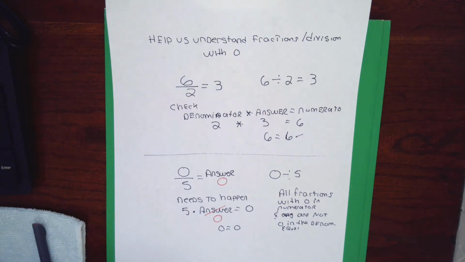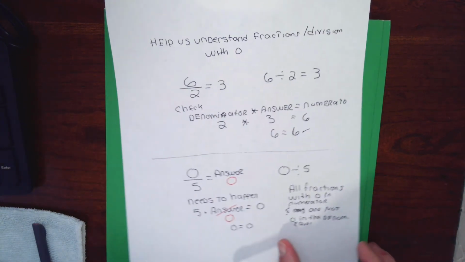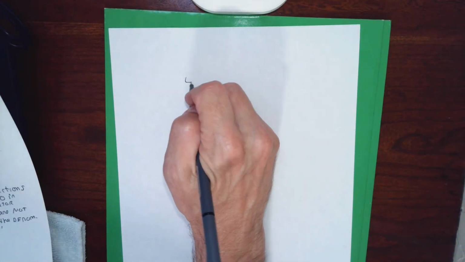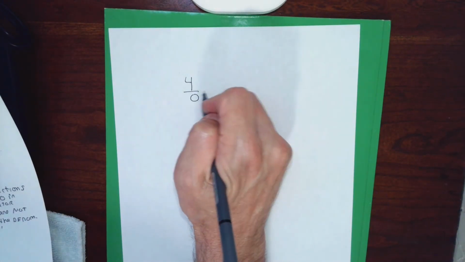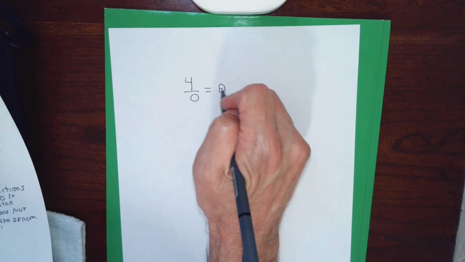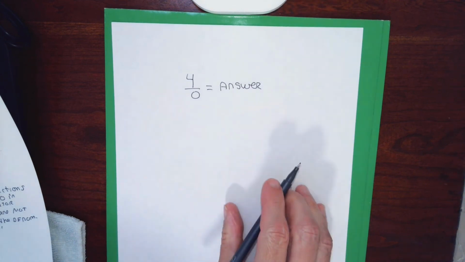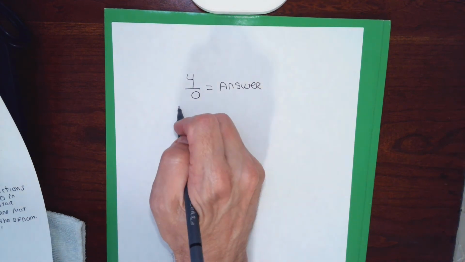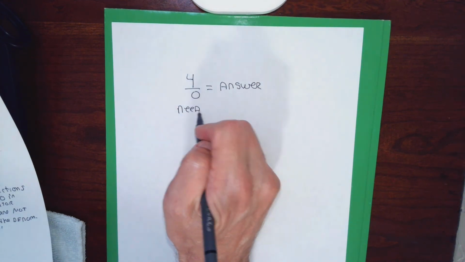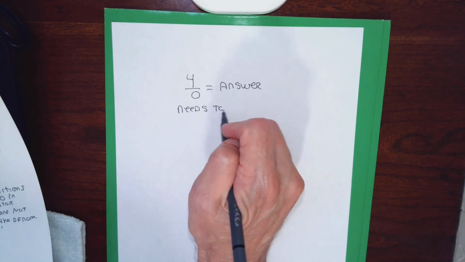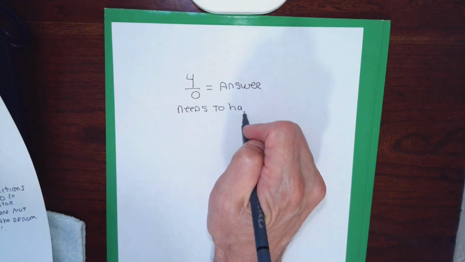That's the easier case. The strange case is when I do this. What does 4 over 0 equal? Well, 4 over 0, I don't know what it equals. I'm going to say it equals some answer. And I know that whatever I put in for my answer has to be checkable.